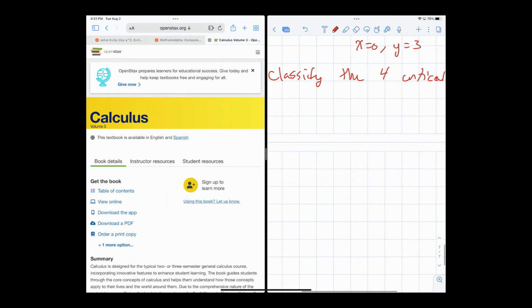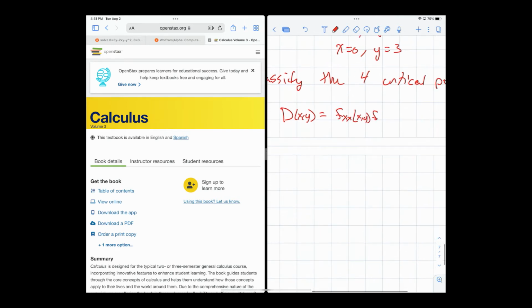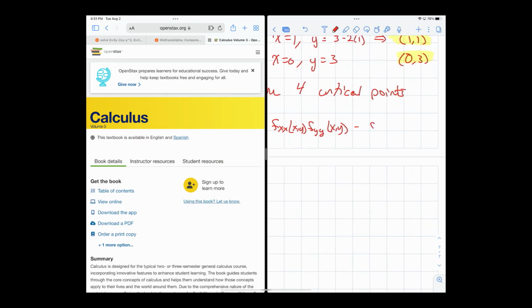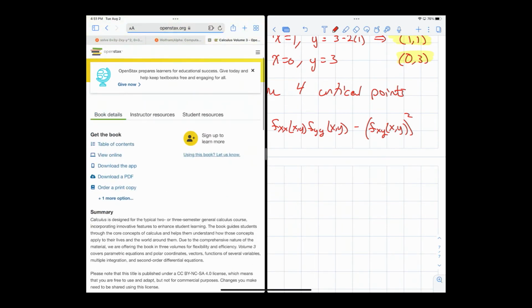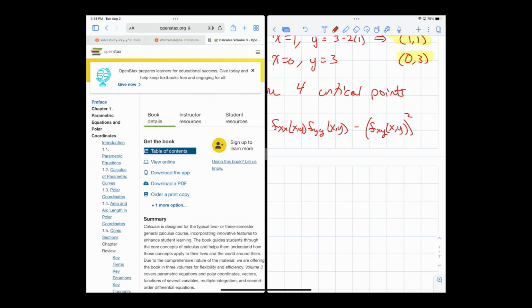But it should be like D of x, y is fxx at the point, fyy at the point, minus fxy at the point squared. But we'll find it in, should be 4.7.